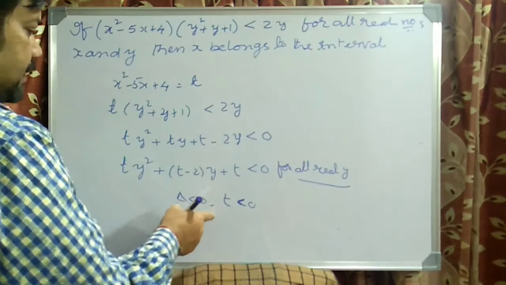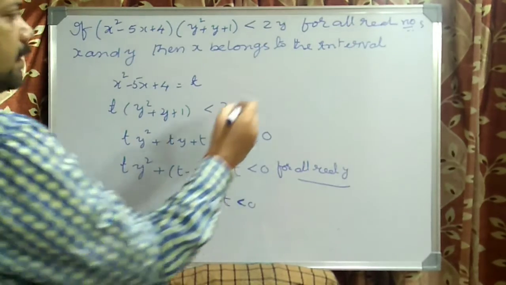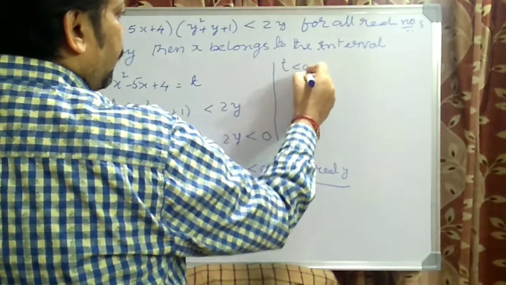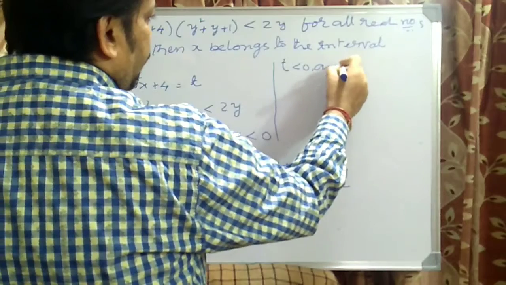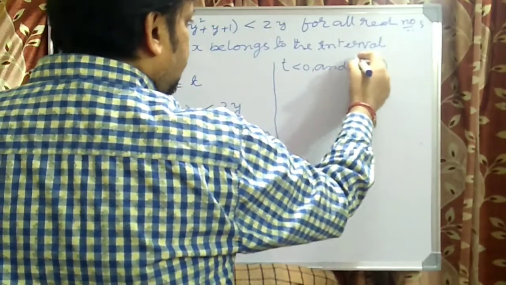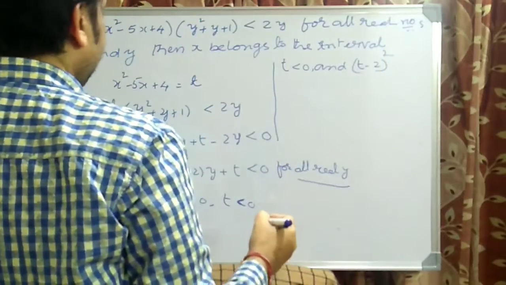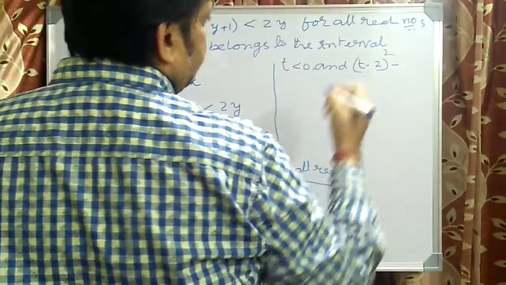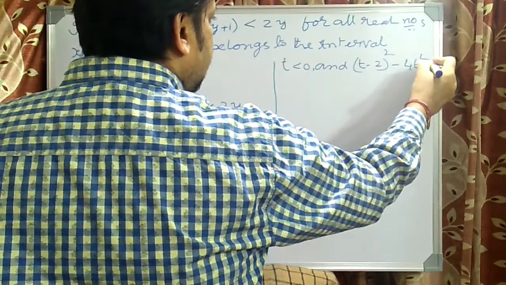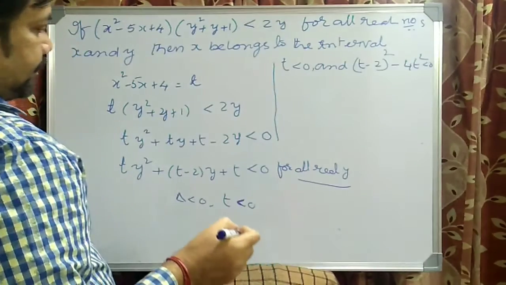So I have t less than 0 and delta less than 0. Now delta means b square minus 4ac, that is (t minus 2) whole square minus 4t square is less than 0.